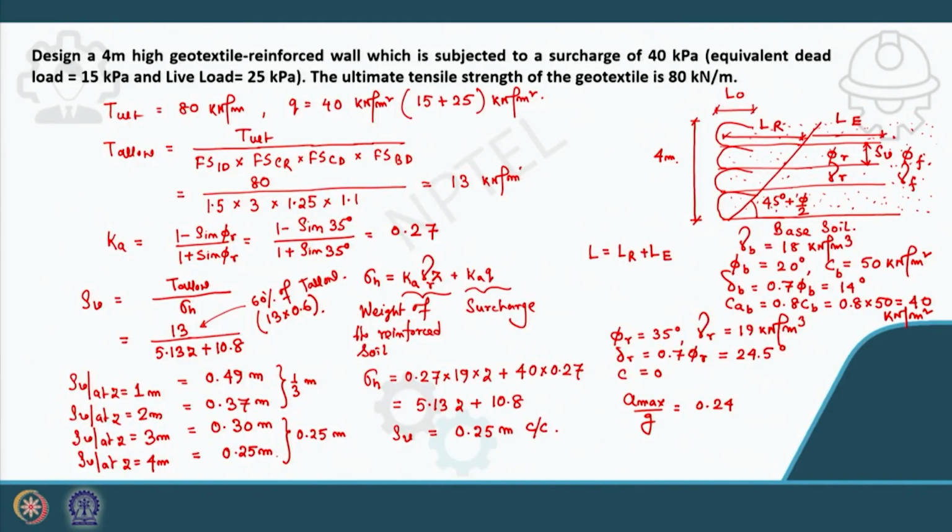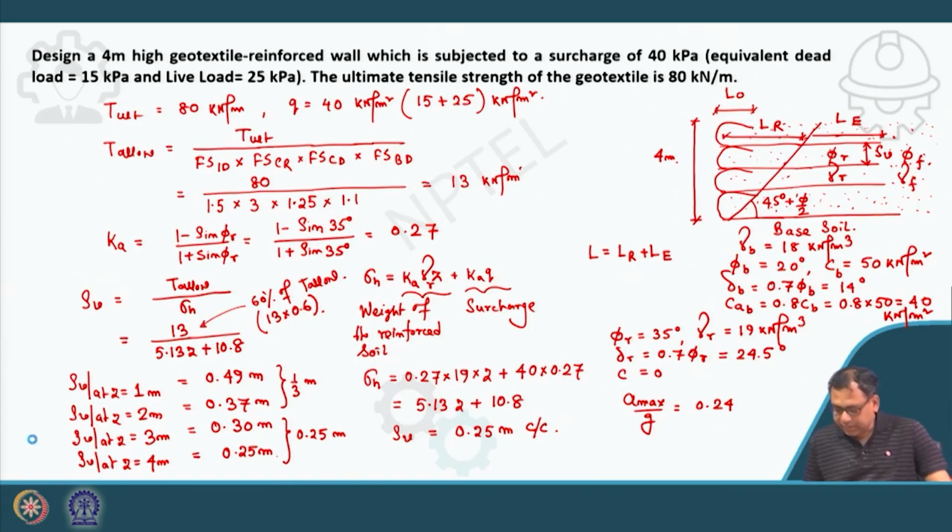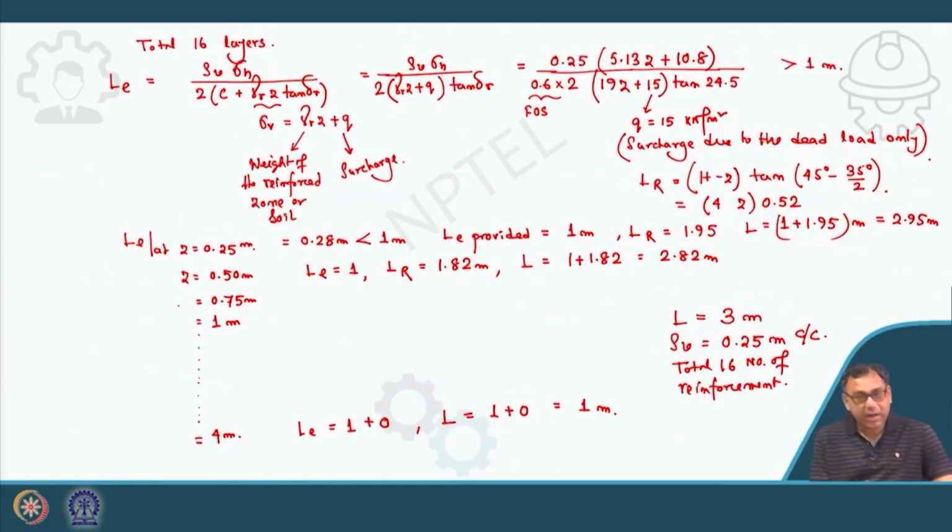Now you can see that the spacing was not uniform throughout the depth, but I have provided a uniform spacing of 0.25 meter center to center. Based on that, we have a total of 16 reinforcements, and the placing depths will be 0.25 meter, 0.5 meter, 0.75, 1 meter and so on up to 4 meter.